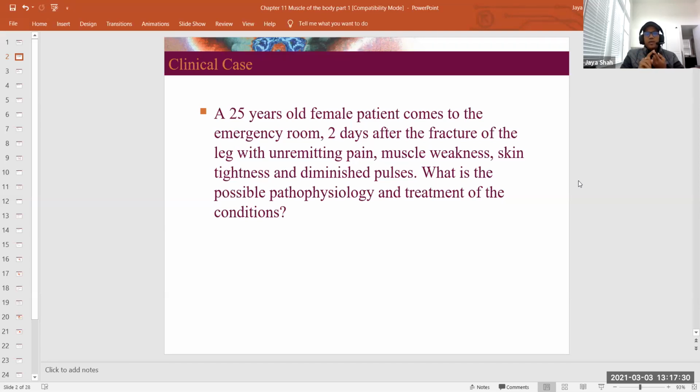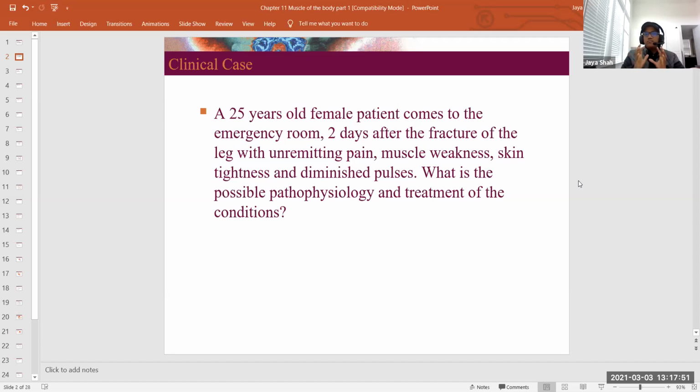This is a young patient with a fracture of the leg. After the fracture, 2 days, 48 hours later, there is severe pain, weakness in the muscles, skin tightness, and most importantly, there is no pulse down below the fracture.